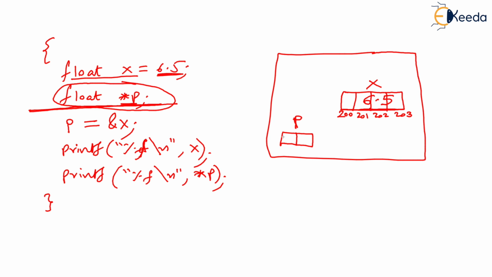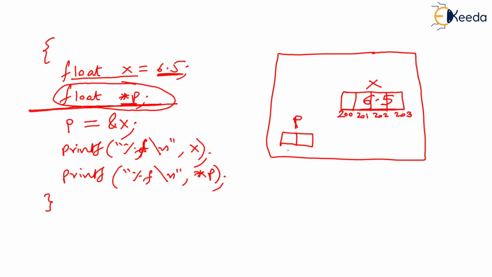Why? You know the answer. Come on, you know the answer. You just check. My point is, what is this pointer going to store? Is it going to store a value like 68.66? What is it going to store? It is going to store an address. And an address is always an integer like 200, 400.